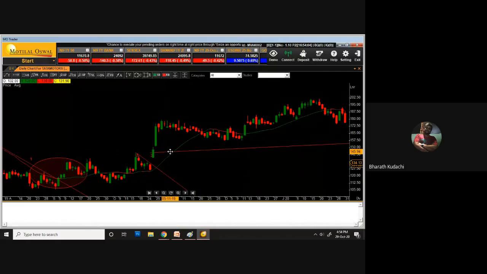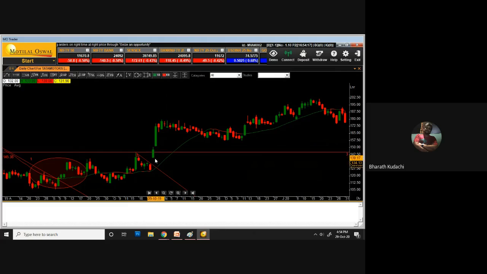Let me consider that I have invested my money somewhere at 145 rupees. When I put this money, I know that the stock will go up because my moving average is below my stock price, which means it is in an uptrend.